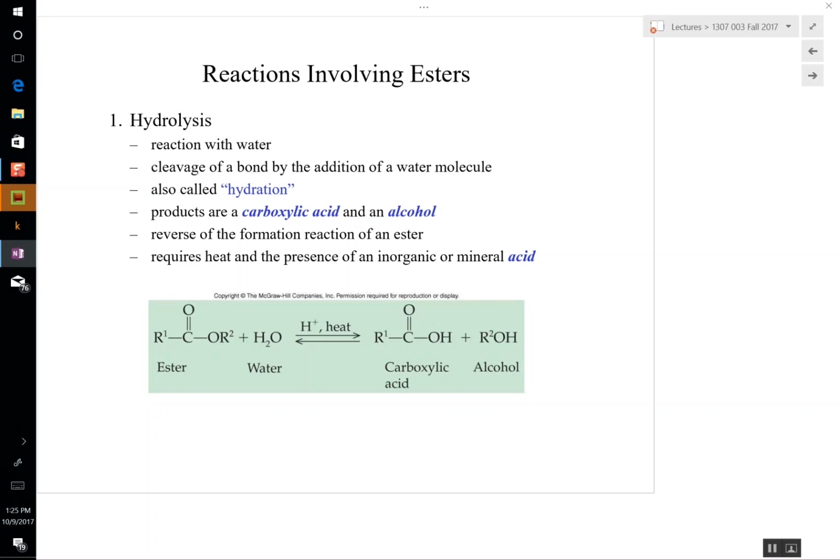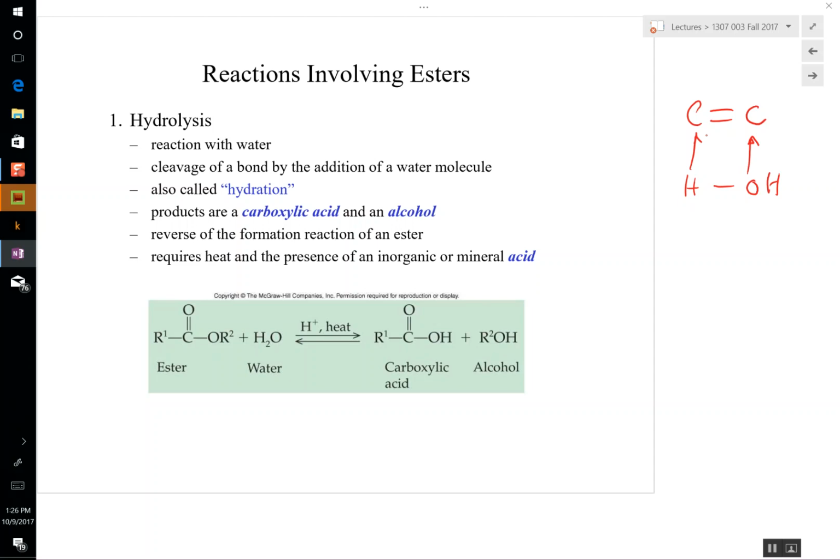If you took bananas and extracted all the esters out of it and then reacted it with water, if you were starting with an ester, you reacted it with water, what would you get? A carboxylic acid and an alcohol. This is hydrolysis. When we hydrated a double bond, we added the water to one molecule.